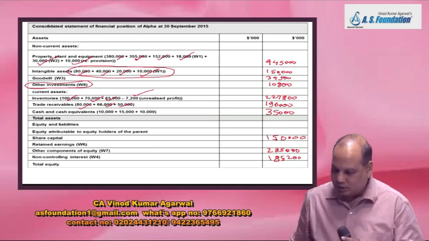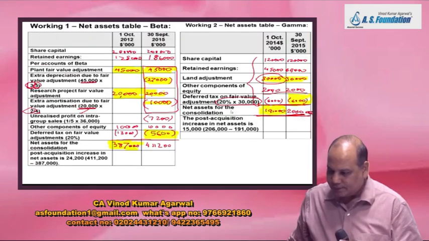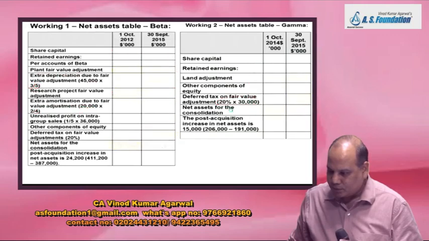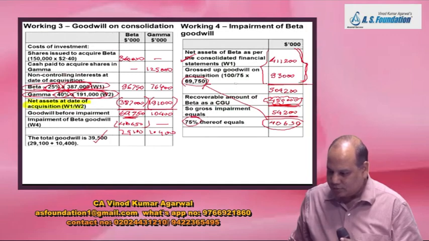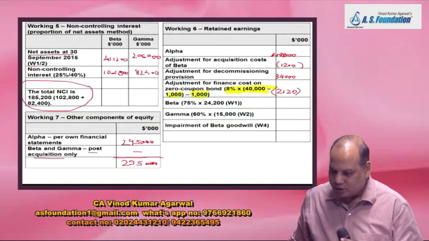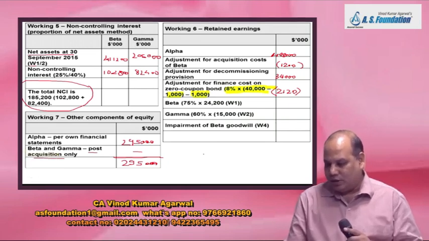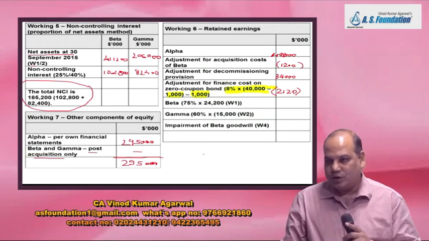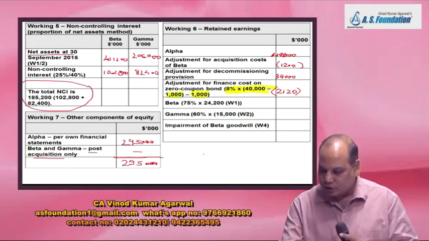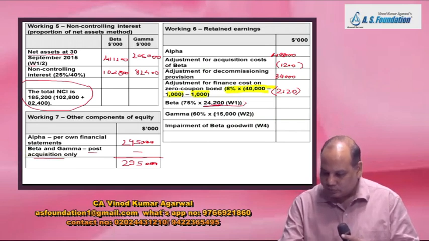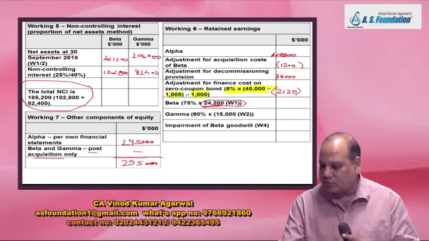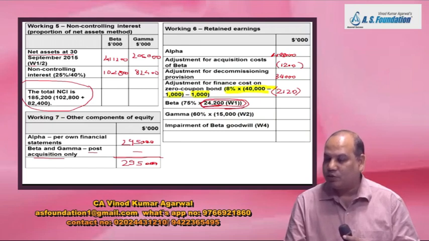Okay. Now which working note is pending? Retained earning. In retained earning, two adjustments are pending. One is share in the post acquisition retained earning of the two subsidiaries. Okay. Go to working note 1. What is the increase in the retained earning of the subsidiary beta? Is it 24,200?